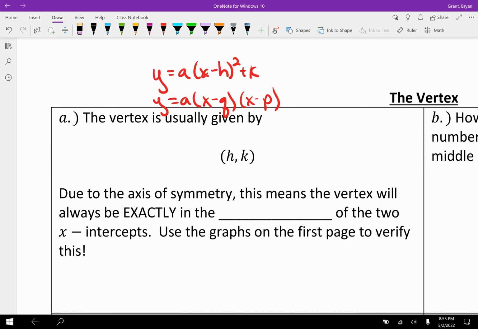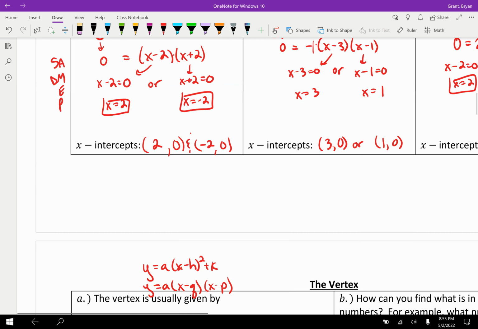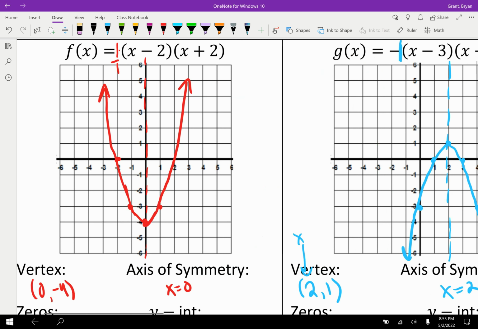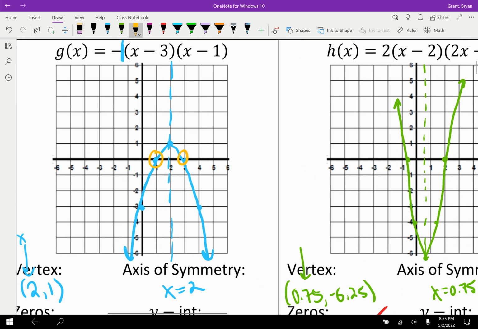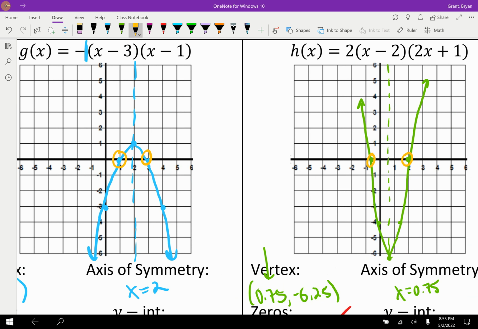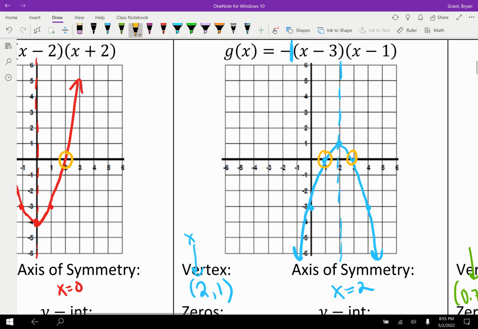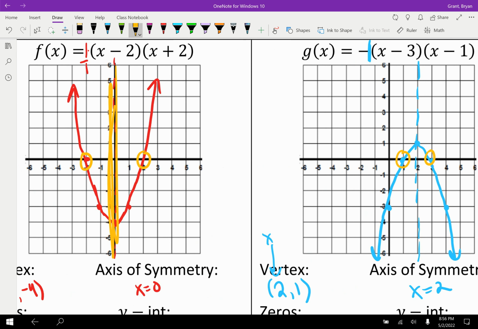However, we know that due to the axis of symmetry, our vertex is always going to be where? Let's do a different color, apologies. Think about the x-intercepts and the axis of symmetry. What are you noticing? Hopefully you're noticing that the axis of symmetry, this line that goes right down the middle here, is exactly in between the two x-intercepts.